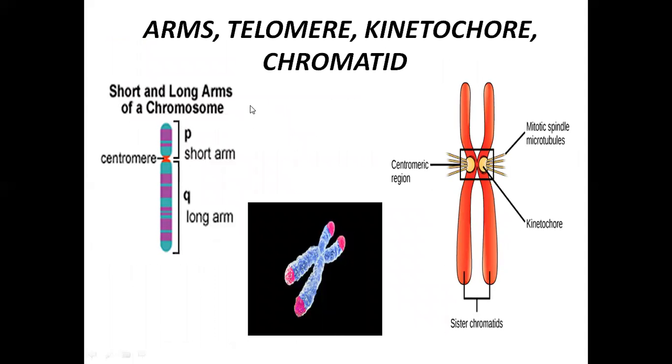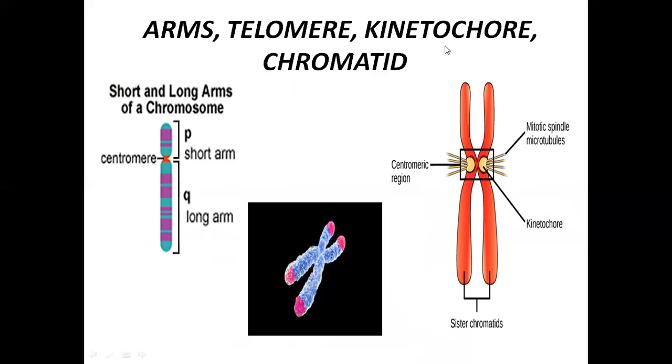Then coming to the following parts of the chromosomes, we have what are called arms. A chromosome contains two arms divided at the centromere, as you can see here. There is a short arm that is referred to as the P arm, and a long arm that is referred to as the Q arm. Then what is the telomere? We have already discussed that the ends of the chromosomes, which are capped by DNA and protect the chromosome, are called telomeres.